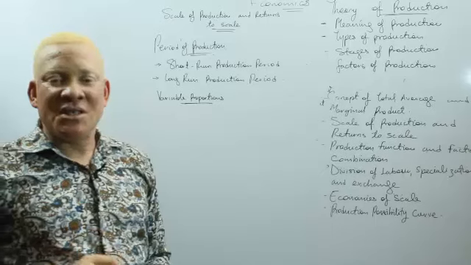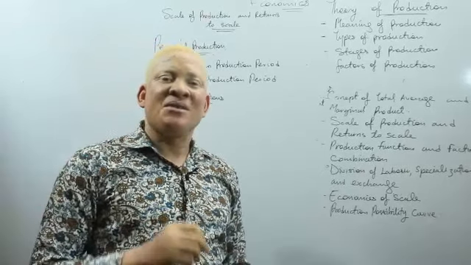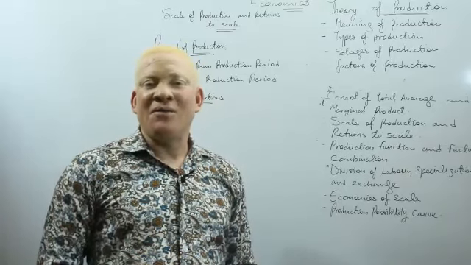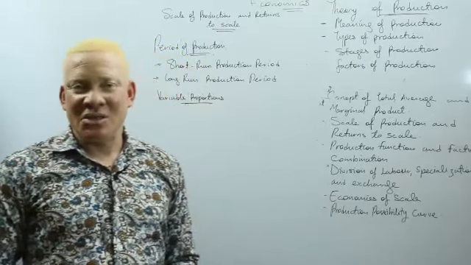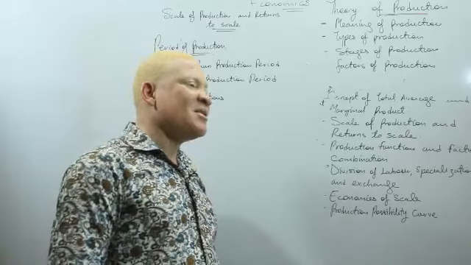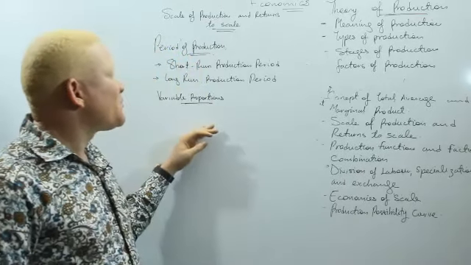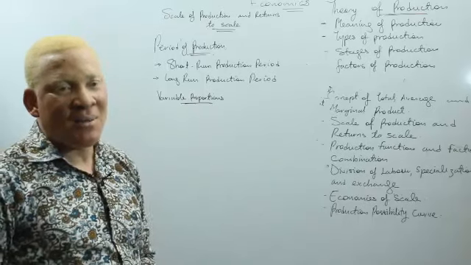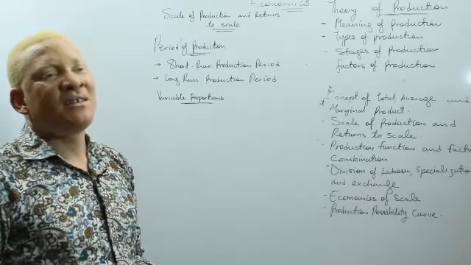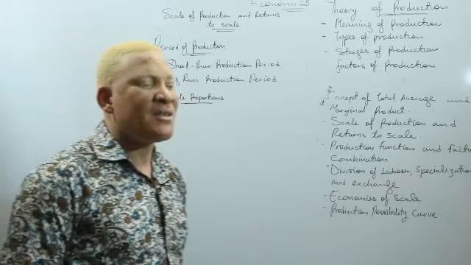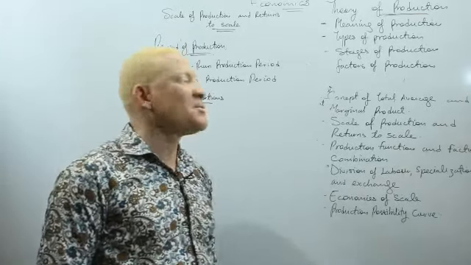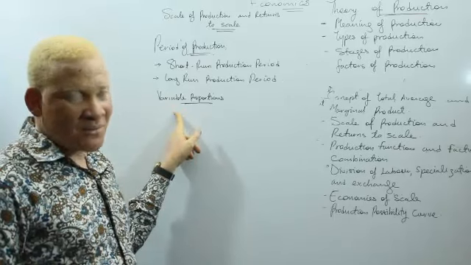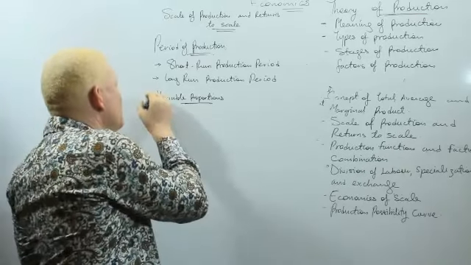The proportionate change in the level of output that results from a change in the quantity of the variable input in the short run. So in other words, that means that in the short run, when a variable factor changes, say labor changes, and the company or the organization experiences a change in output, then we are talking about variable proportions.